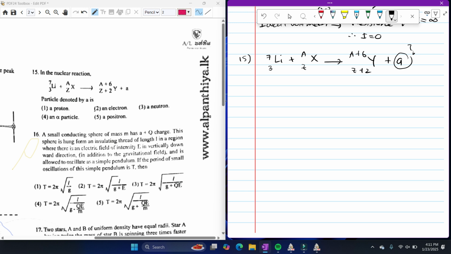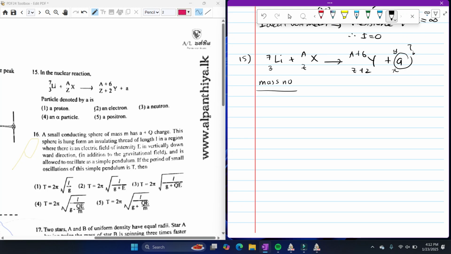The concept behind this is balancing the LHS and the RHS values for the atomic numbers as well as for the mass numbers. Let's first consider the mass numbers. For A, we don't know the mass number y and the atomic number x. They are unknown terms, so we need to find these y and x values and ultimately determine what this A is.